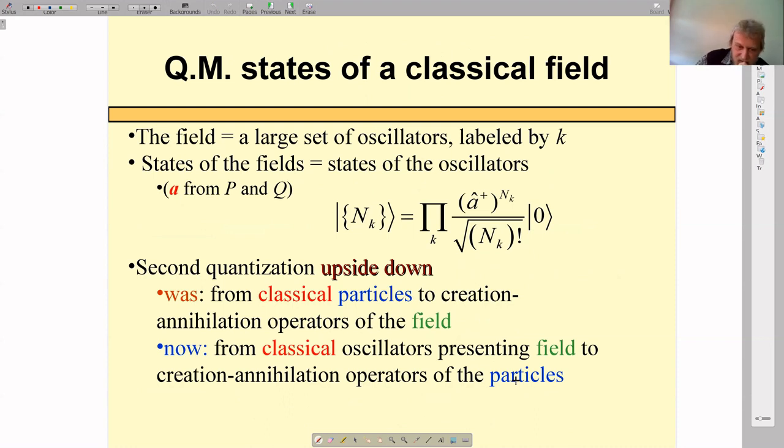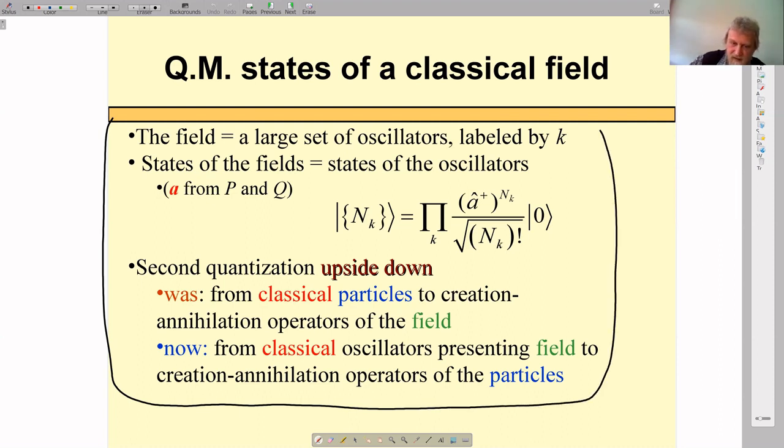Well, basically, I think I have already told everything which I have in this transparency. Let's look again. Any field is a large set of oscillators, as I said. Quantum states of the fields are states of the oscillators. So we have completed second quantization.